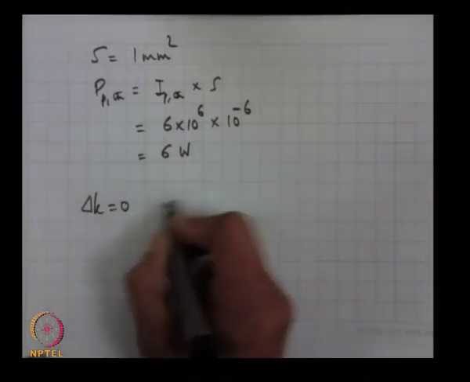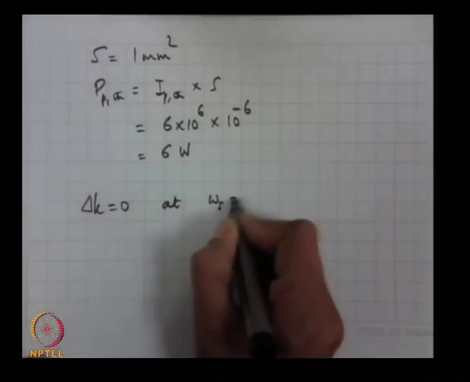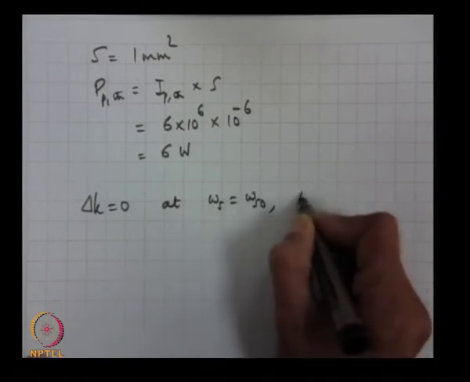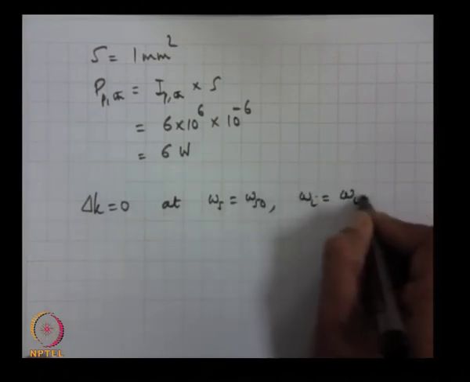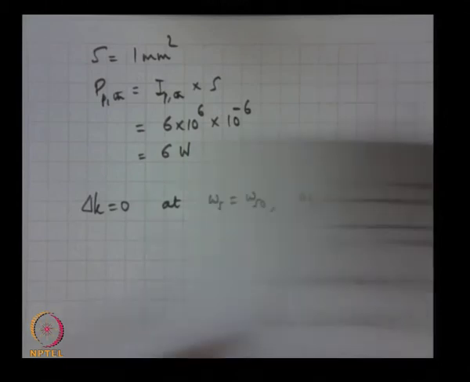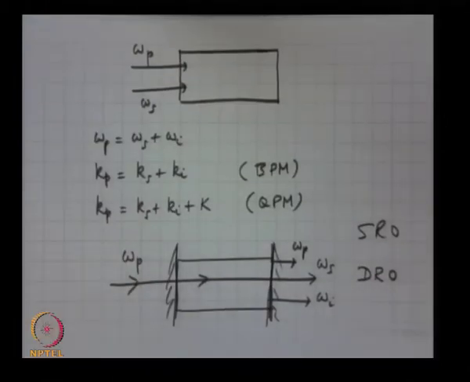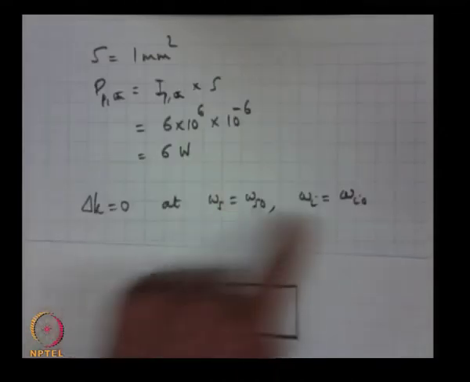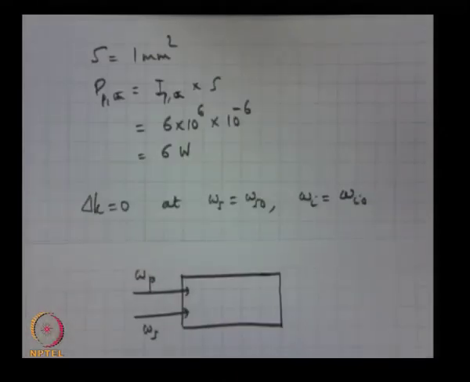So for example, I have delta k is equal to 0 at some signal frequency omega s is equal to omega s 0, and the corresponding idler frequency omega i is equal to omega i 0. The question essentially is, this amplifier provides amplification over what range of signal frequencies? So if I take this crystal, I don't put it inside the cavity, but I look at it as an amplifier. So if I take this crystal and I launch pump and signal, then at one particular frequency pair, there is maximum gain, where I satisfy delta k is equal to 0.